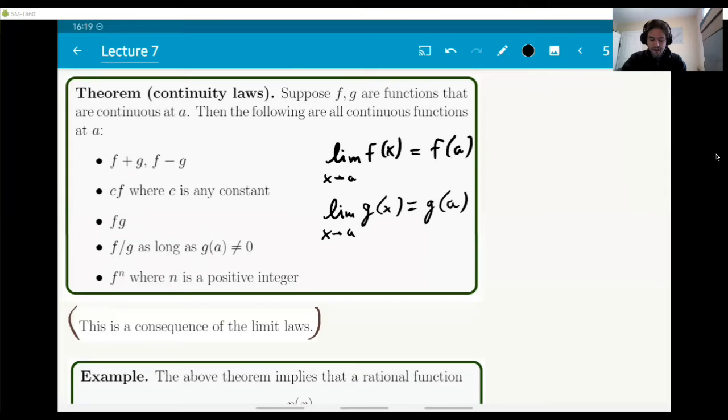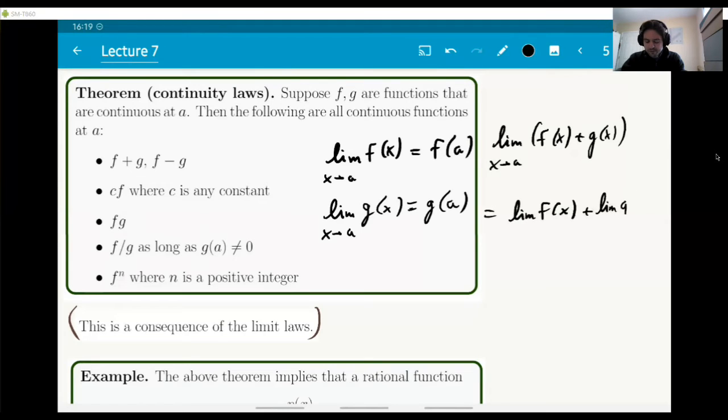Why is that true? Because if you try to compute a limit of f plus g, we know from the limit laws that the limit of the sum is the sum of the limits. And each one of these is equal to, the first one is f of a, the second one is g of a. So that's the value of the f plus g function at a. So this is what I mean by they are a consequence of the limit laws. The limit of the sum is the sum of the limits, gives you what you need to get continuity. Just so if you were curious about where this theorem is coming from.